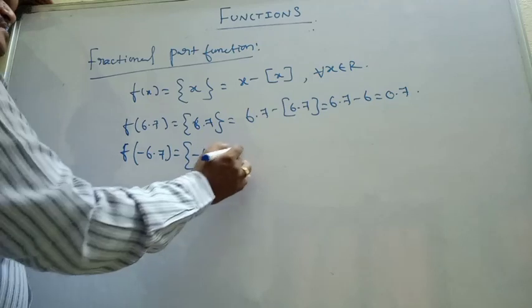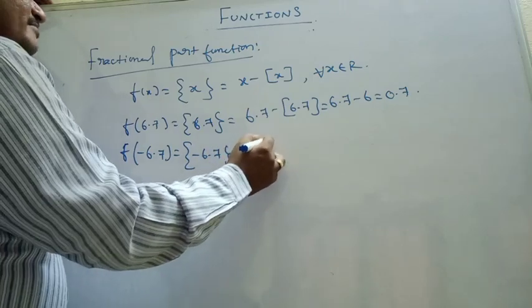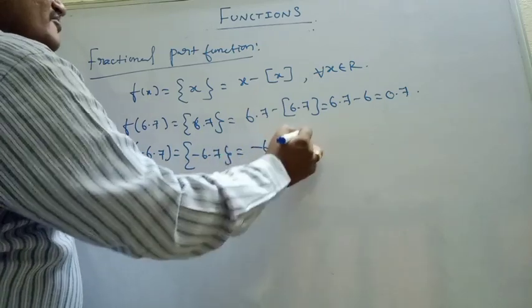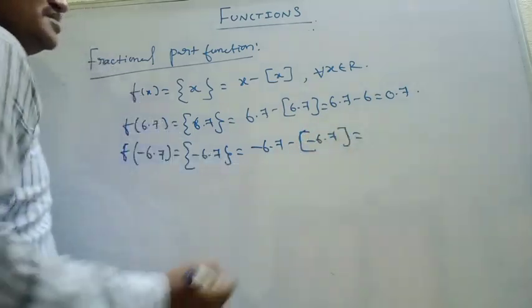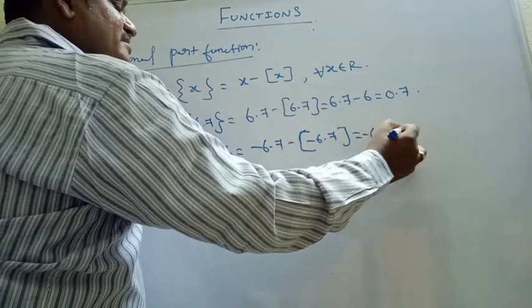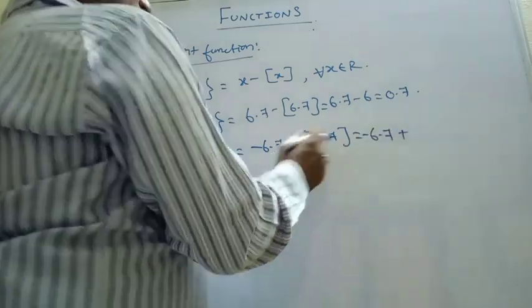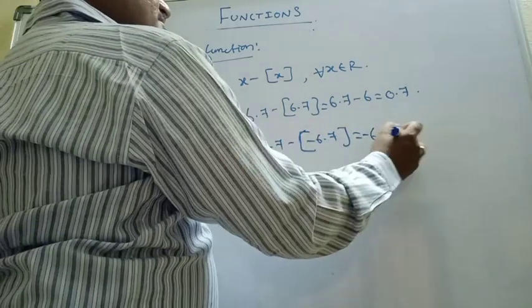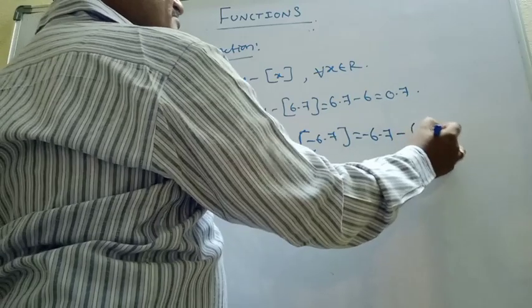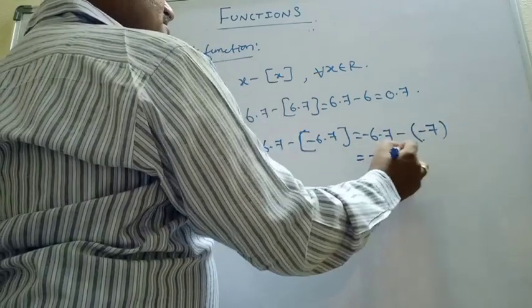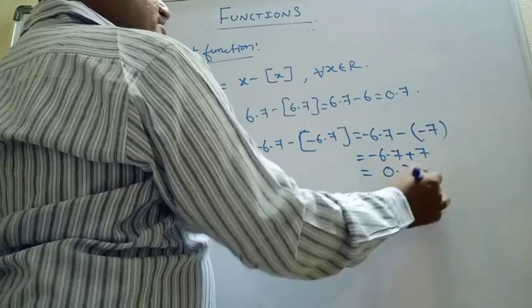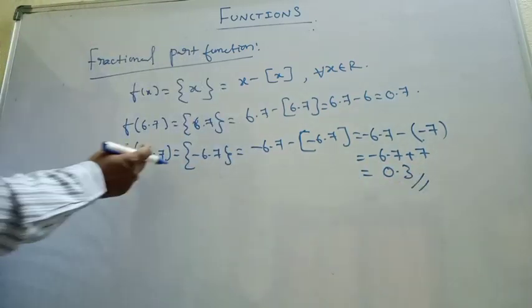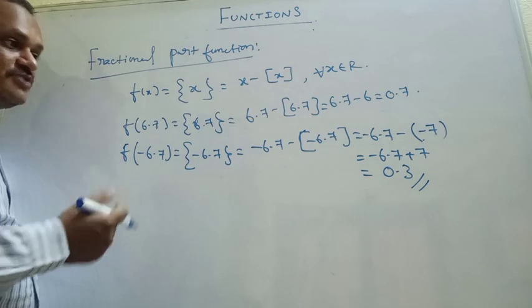That is minus 6.7 minus floor of minus 6.7. The floor of minus 6.7 is minus 7, so this is minus 6.7 plus 7, which equals 0.3. The fractional part of minus 6.7 comes out to be 0.3.